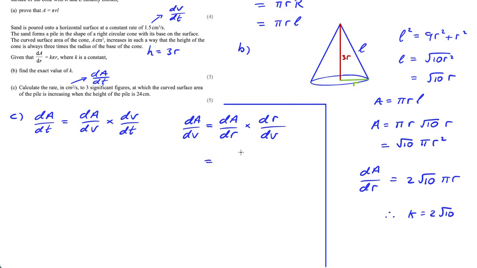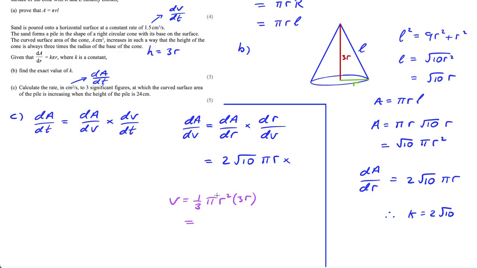Now we have dA/dr. It's 2 root 10 pi r times, what is dr/dV? I'll have to do it down here. I need to get the volume first in terms of r. Volume of a cone is 1/3 pi r squared h, but my h is actually 3r, so I'm going to put it like this, and then we can simplify this.